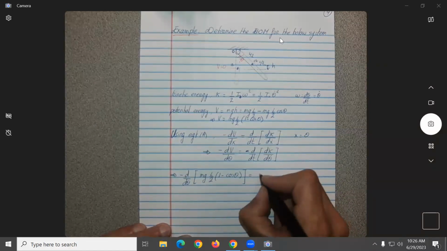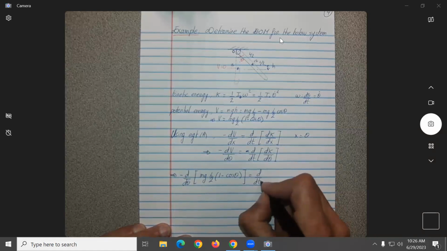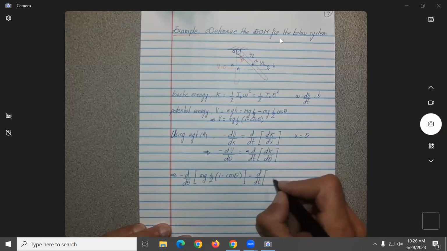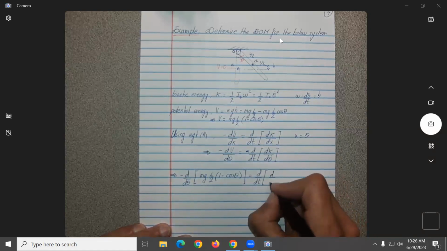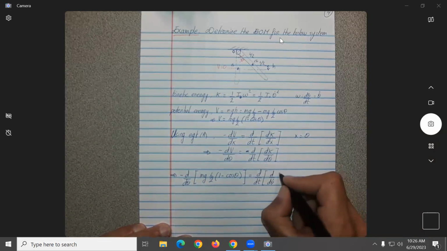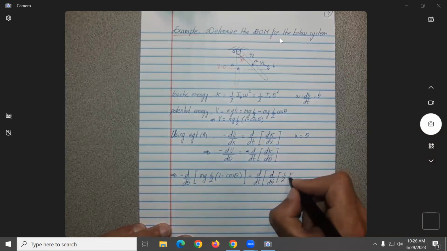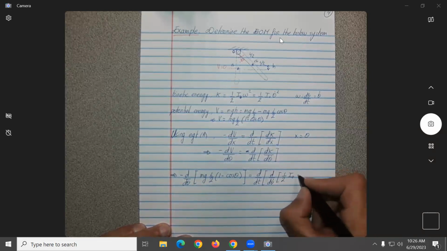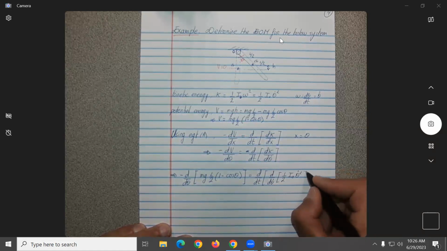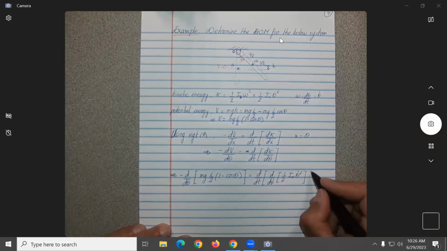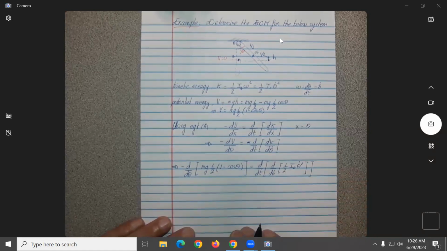Equals d/dt of d/d theta dot of 1/2 I sub O of this.